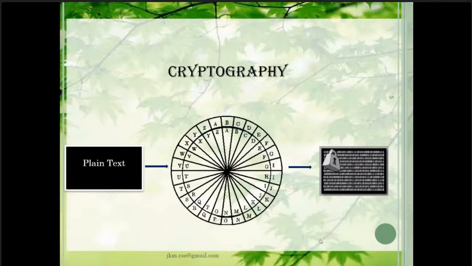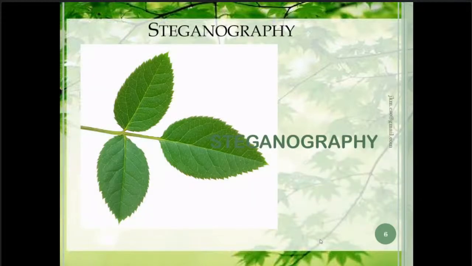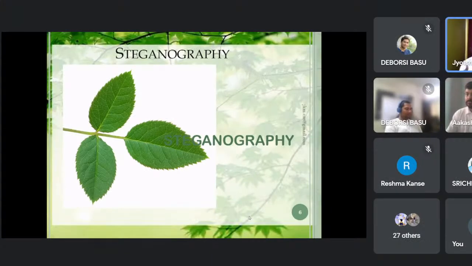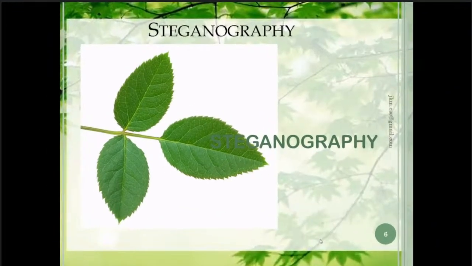So to overcome this problem, we have another methodology which is called steganography, or I may say invisible communication. I think all of you know that lizards on the leaves of a tree can change the color of their skin to the color of the leaf or the stem of the tree.